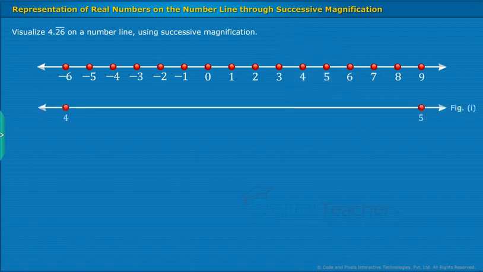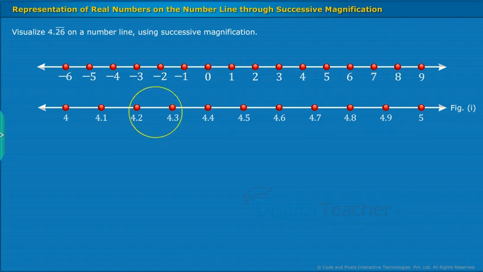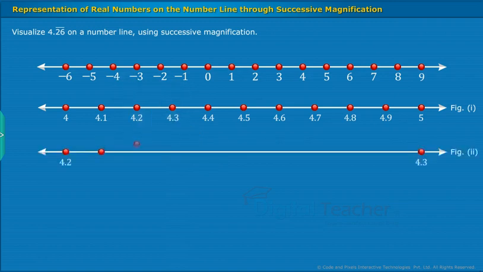To have a rough idea for locating it on a number line, make 10 equal parts and mark them as 4.1, 4.2, so on up to 5 as shown in figure 1. Now, look at the portion in between 4.2 and 4.3 using a magnifying glass and realize that 4.26 lies between them as shown in figure 2.